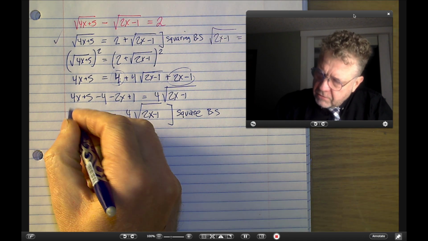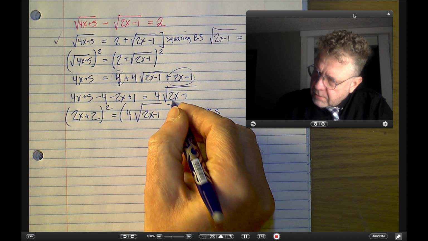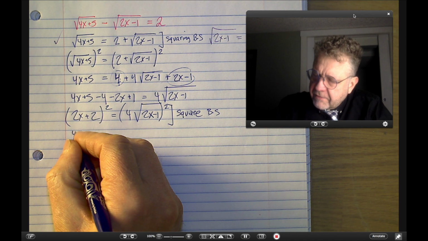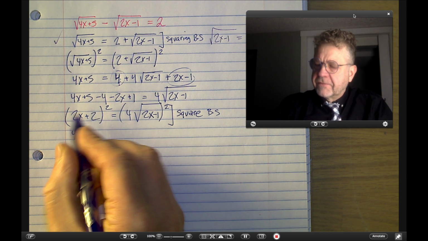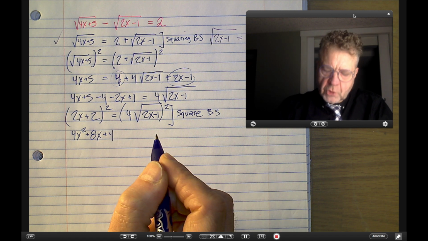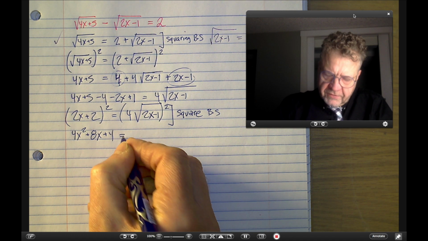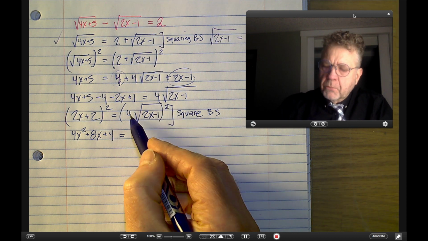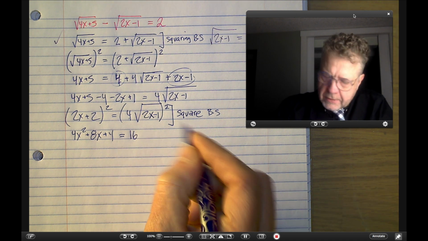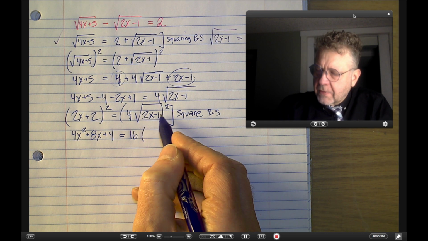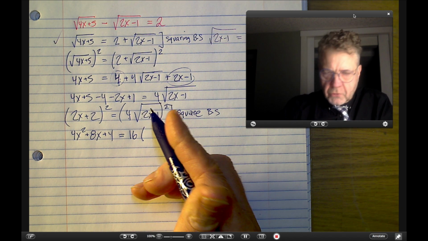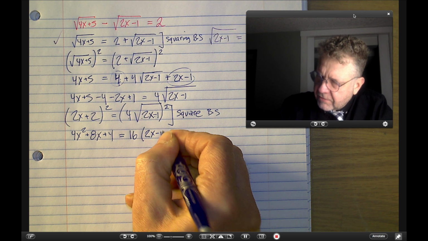Okay, I'm going to do this, and I'm going to do that. 2x plus 2 quantity squared is going to be 4x squared plus 4x plus another 4x, so plus 8x plus 4, cool, equals, well, the squared is going to work on both the coefficient and on the radical, so 4 squared will be 16, and the radical squared, square root of 2x minus 1 times square root of 2x minus 1 is just going to be 2x minus 1, like that.